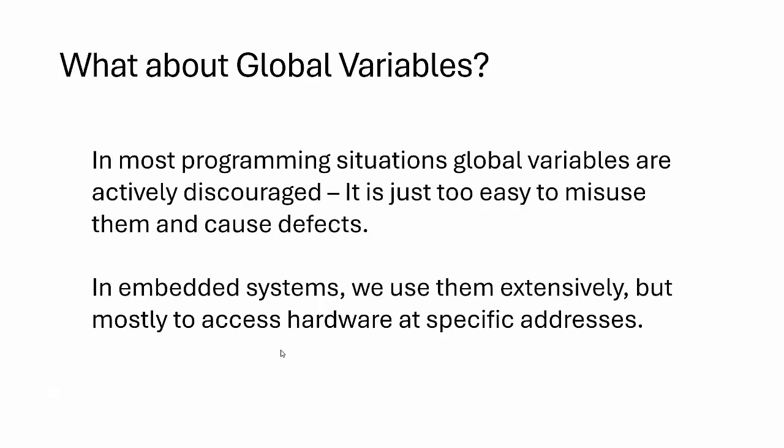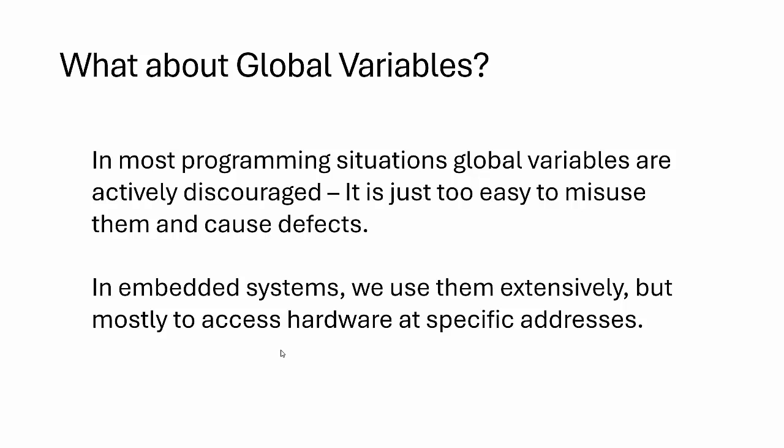All right. Now I want to have a little conversation about a very specific kind of variable. It can also be used, it turns out, to allow all functions access to variables. They're called global variables. Now, in introducing this topic, I want you to understand that in most situations, global variables are actively discouraged.